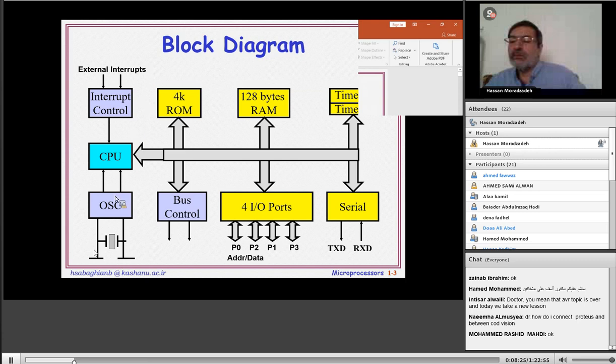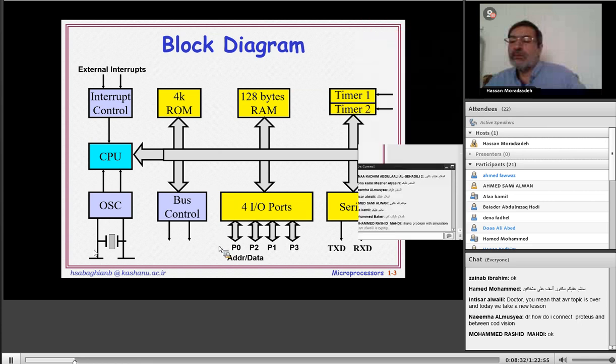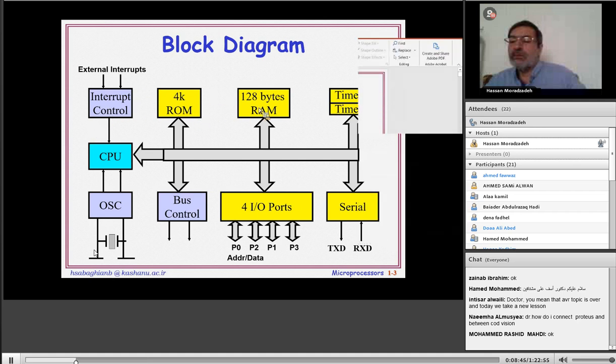The serial port controller or UART. Four ports: port 0, port 1, port 2, port 3, and the control bus. Here the interrupt controller, with external interrupt pins, and the oscillator or clock generation block.